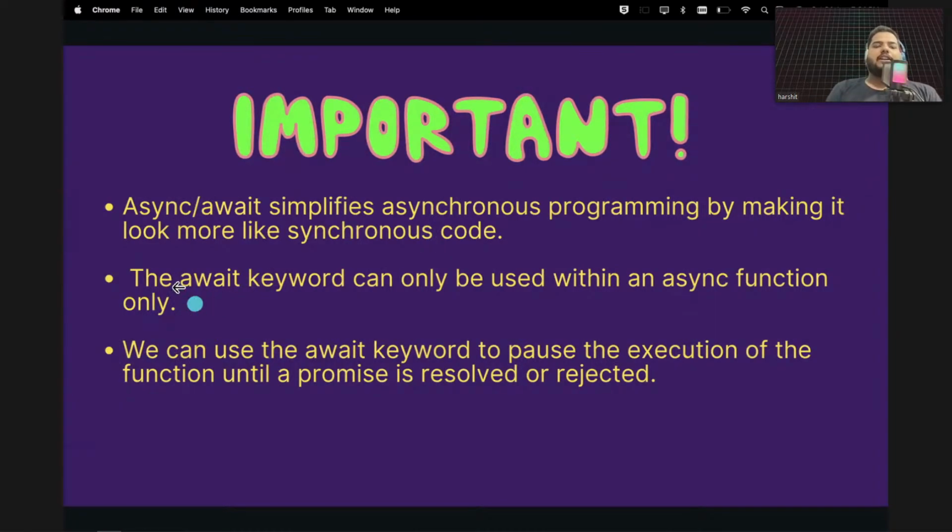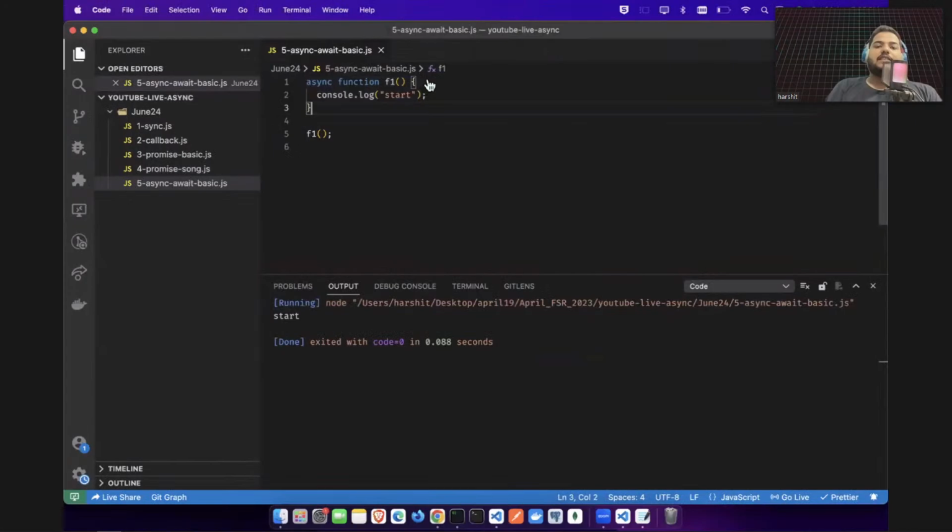Now, the second point is that the await keyword can only be used within an async function. This is very, very, very important. When you will use the await keyword, I will tell you. But the await keyword can only be used within an async function. Right now this is your async function, so you can use the await keyword only inside this async function.